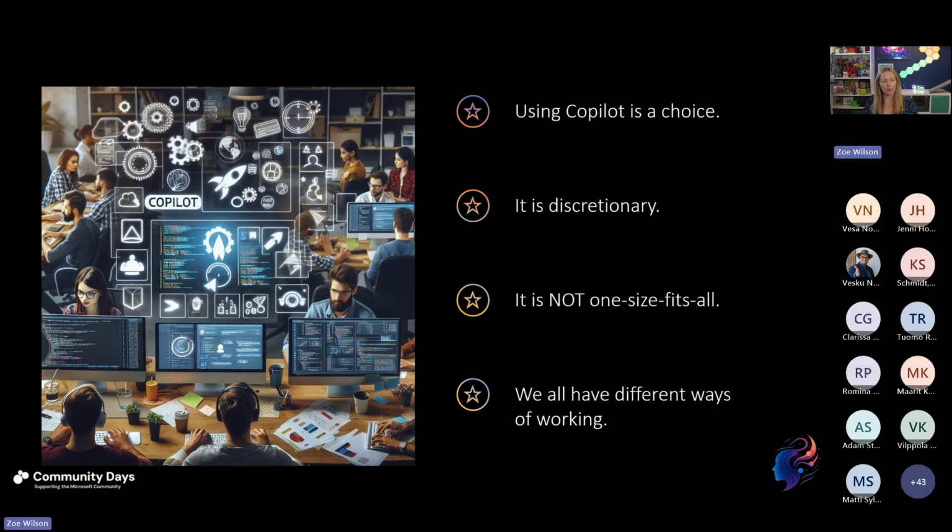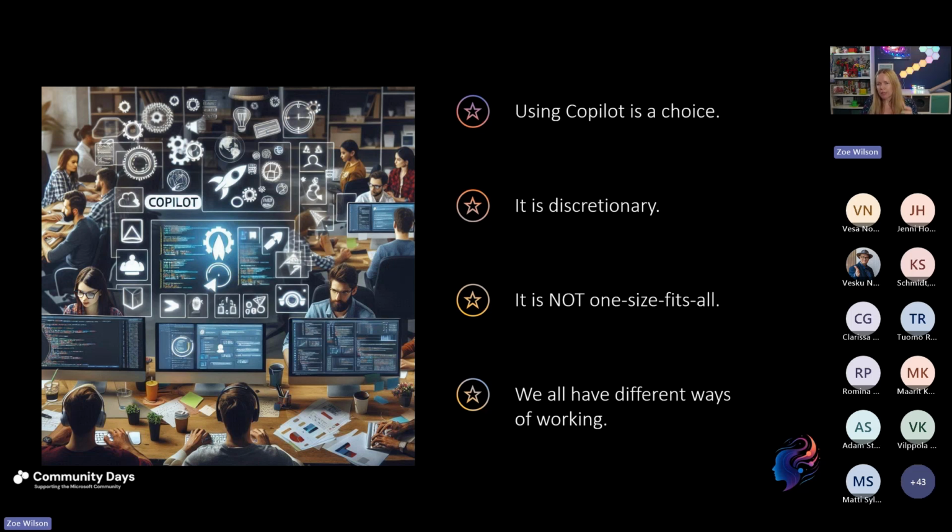So the way that I manage my emails and my tasks, the way that I create, collaborate, communicate will be different to how someone else does that. And if you're too prescriptive with saying these are the 5 ways that you will use Copilot, they might not actually be relevant for those people, because the way that they run their workday might be very different to mine.